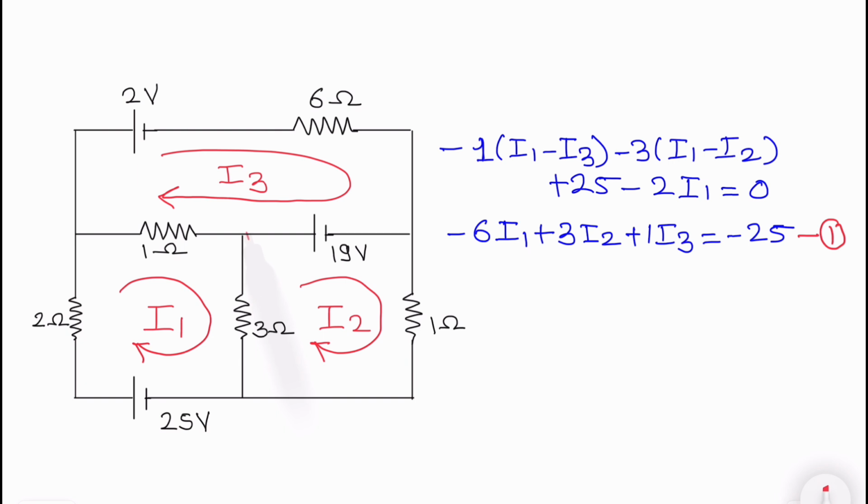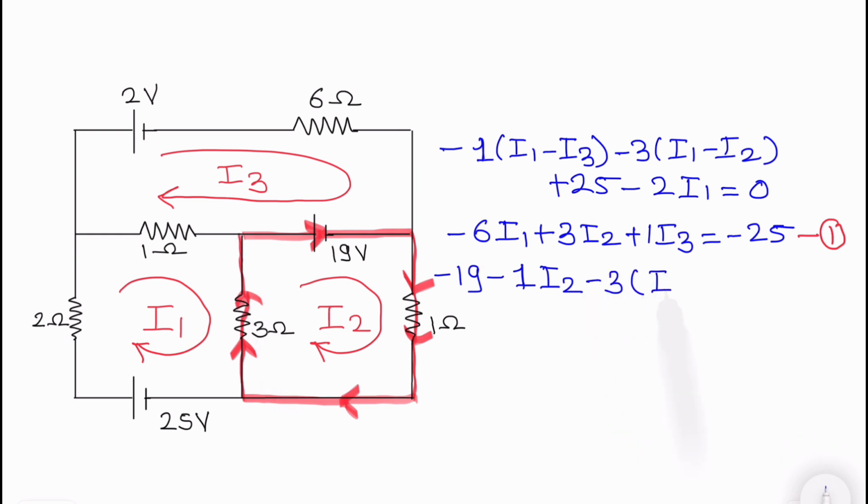Starting with the second mesh, minus 19, minus 1 I2, minus 1 I2, no component over here, minus 3 (I2 minus I1) is equal to 0.